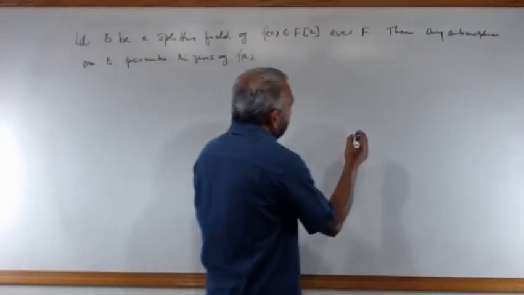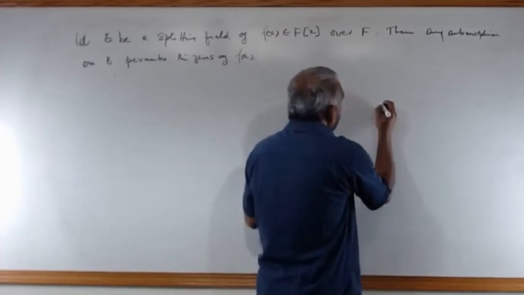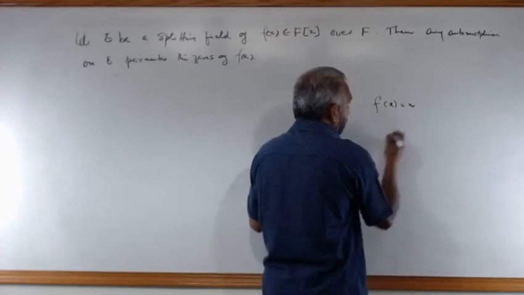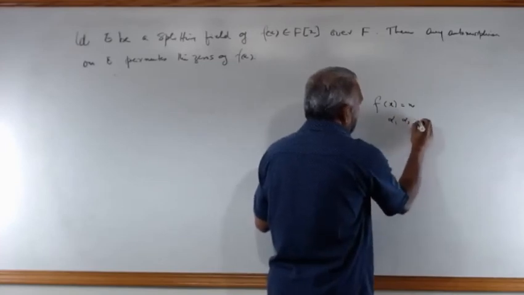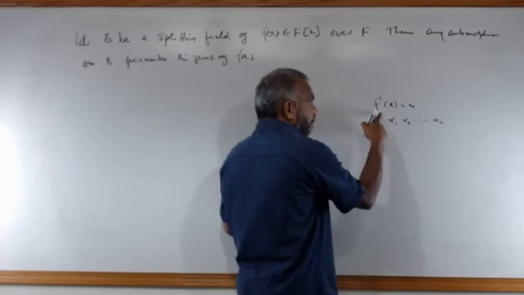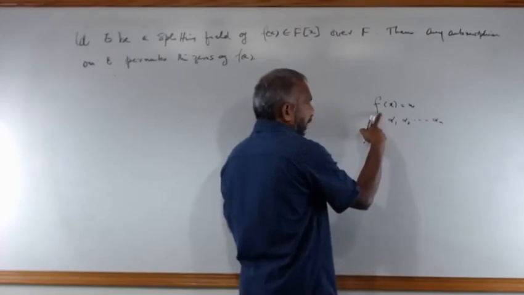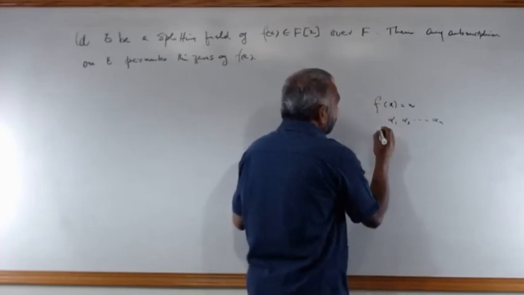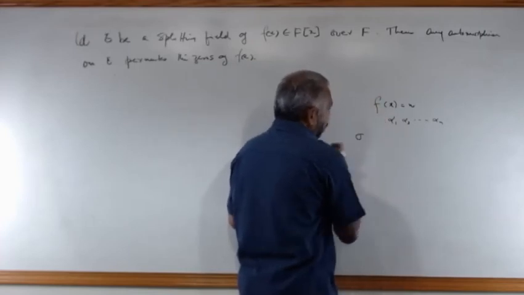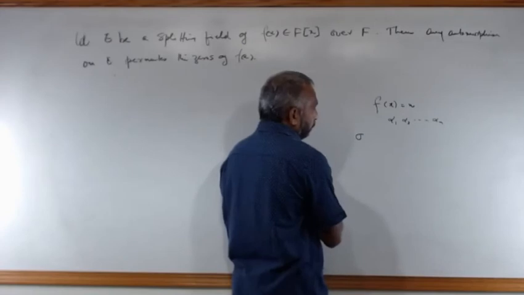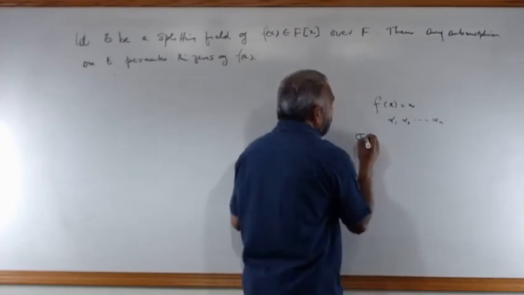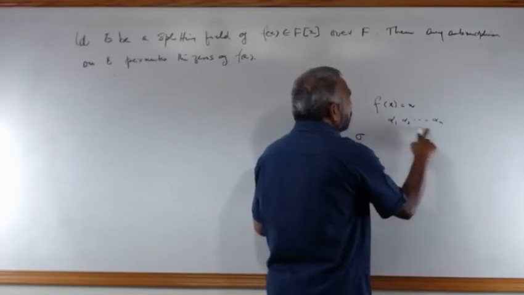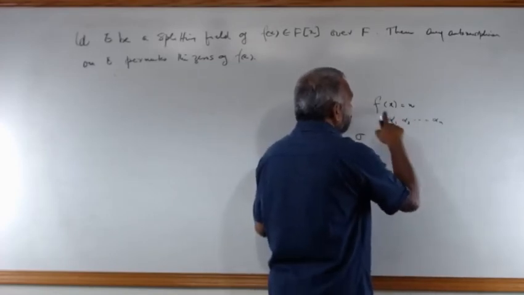The meaning of this question is, if f of x is of degree n, and if alpha 1, alpha 2, through alpha n are the zeros of f of x, and if sigma is an automorphism, sigma permutes the zeros of this polynomial.